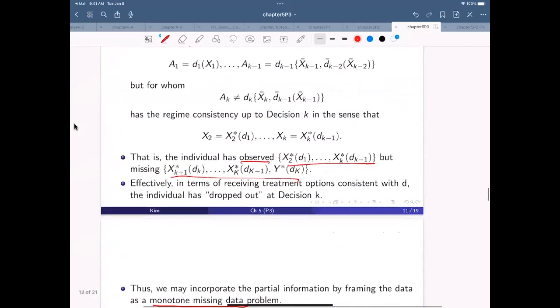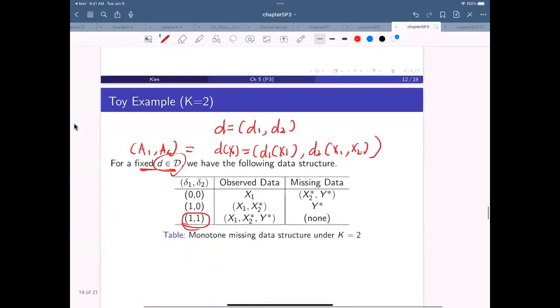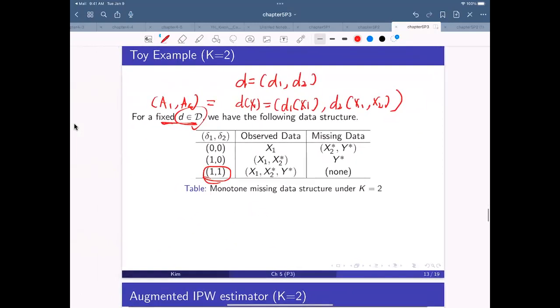So this is basically the argument here. And then what about delta 1 equal to 1 and delta 2 equal to 0? This is interesting. Delta 1 equal to 1 and delta 2 equal to 0 means that my observed A1 is equal to my D1 X1, but my observed A2 is different from D2 X1, right?